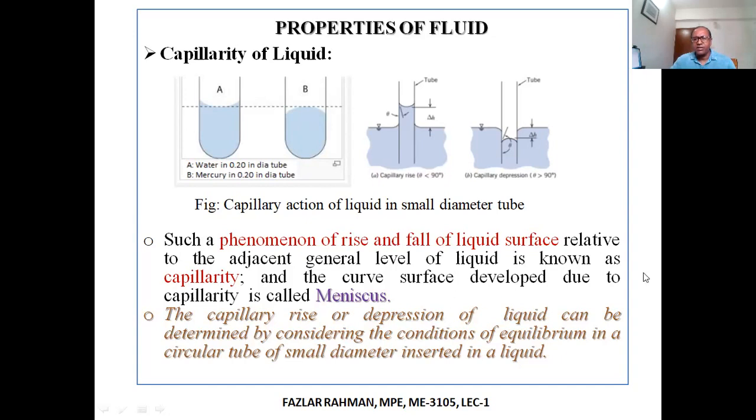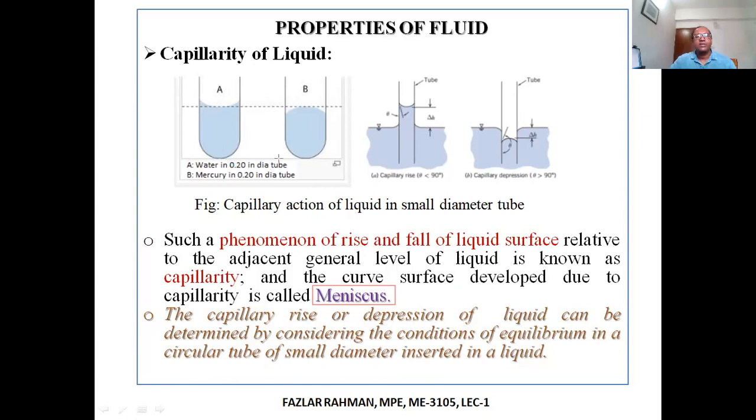The curved surface developed due to the capillarity is called meniscus. So you see this curved surface, this is known as meniscus. The capillary rise or depression of the liquid can be determined by considering condition of equilibrium in a circular tube of small diameter inserted in a liquid.